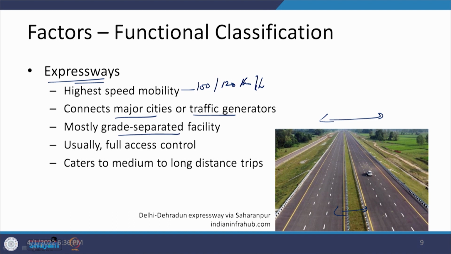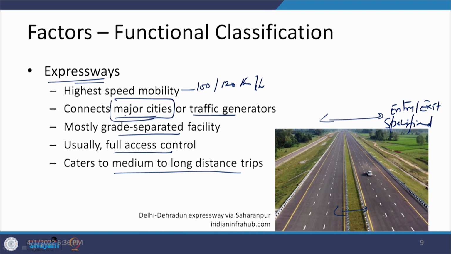Full access control is provided, which means the entry or exit is specified. There are specified locations from where you can get in or get out of these systems, and we are not allowing anything else to happen on this road which otherwise you may see in an urban area. This may be catering to medium and long distance trips between the major cities connected by this categorization.